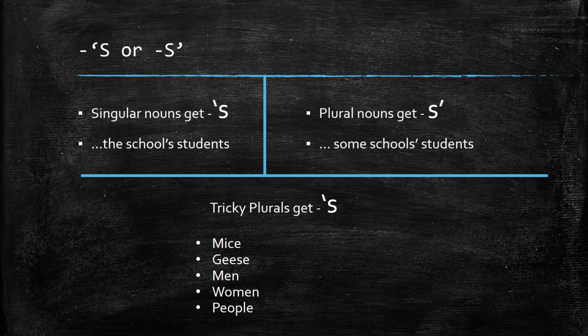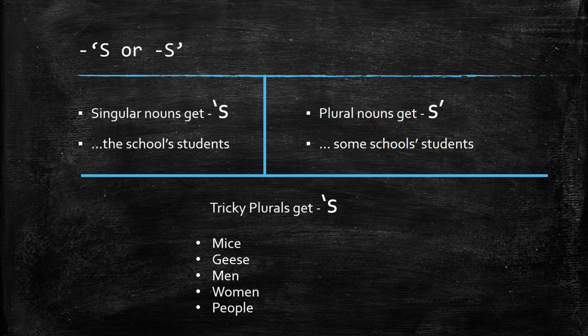Well, that's the difference with the words the and then some here. The shows we have a singular word in school, which we're just talking about one school, so we get apostrophe S. And some, again, shows that we have more than one school, so we get S apostrophe.